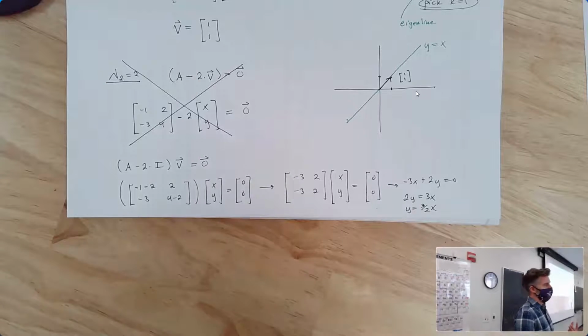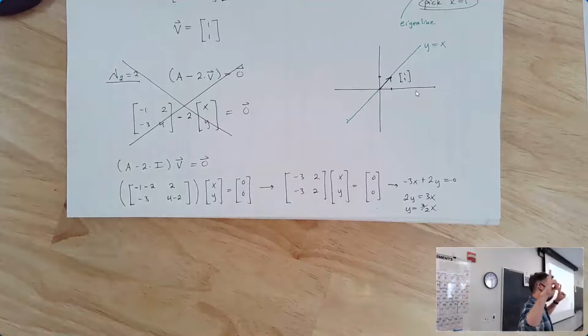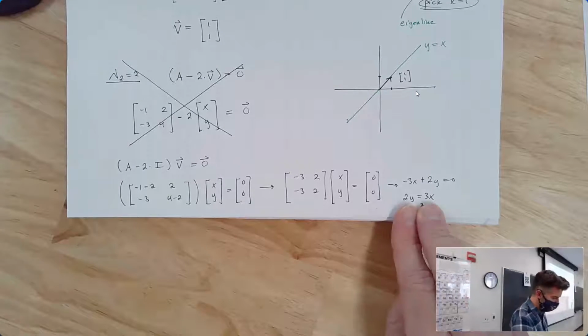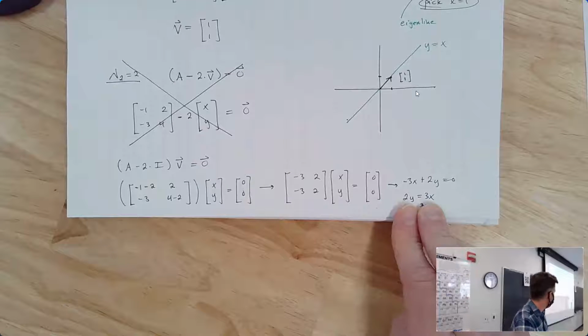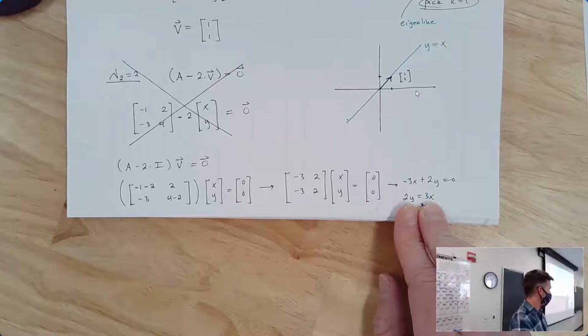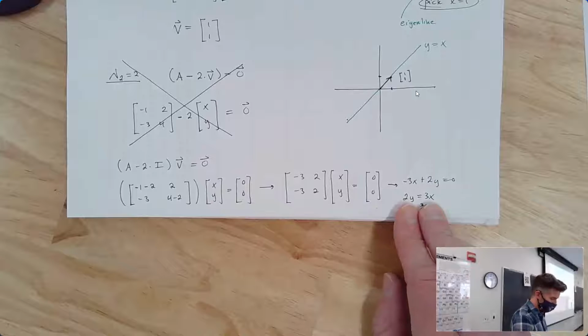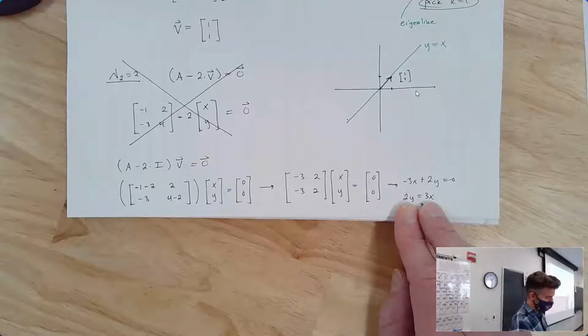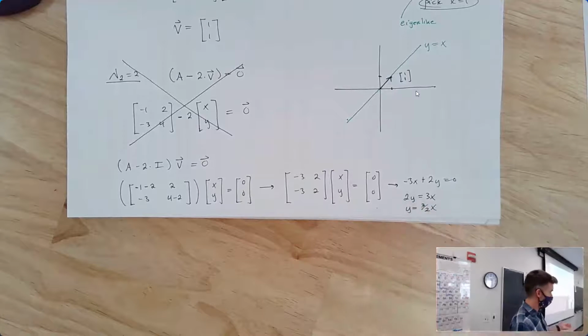is that it's really obvious what the easiest, or I should say, the quote unquote nicest choice for your vector is. An easy way to solve 2y equal to 3x is to let x be 2 and y be 3, or to let each variable be the other one's coefficient. So 2 is the coefficient of y, let that be x. 3 is the coefficient of x, let that be y. Then you have 6 equal to 6. You've got a solution.